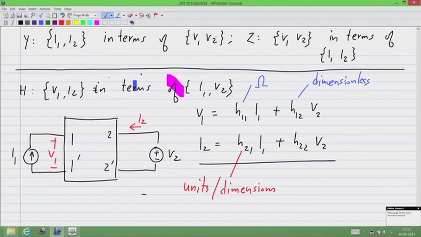Someone answered mho or Siemens for H12. That is not correct. So again, H21 multiplies a current I1 to give you a current I2. So this is also dimensionless.